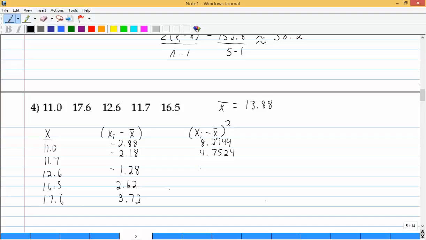Negative 1.28 squared is 1.6384. 2.62 squared is 6.8644. And 3.72 squared, I got 13.8384. So now I'm going to figure out the sum of all of those items.